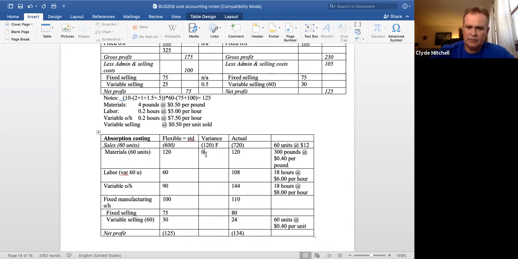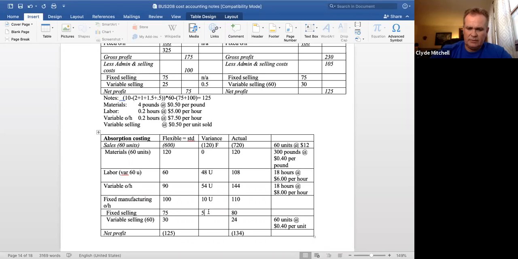There appears to be no difference in materials. We have an additional $48 of expenses, which obviously we see as unfavorable. We have an additional $54 here, which seems unfavorable. We have $10 more for our fixed manufacturing costs, which is unfavorable.